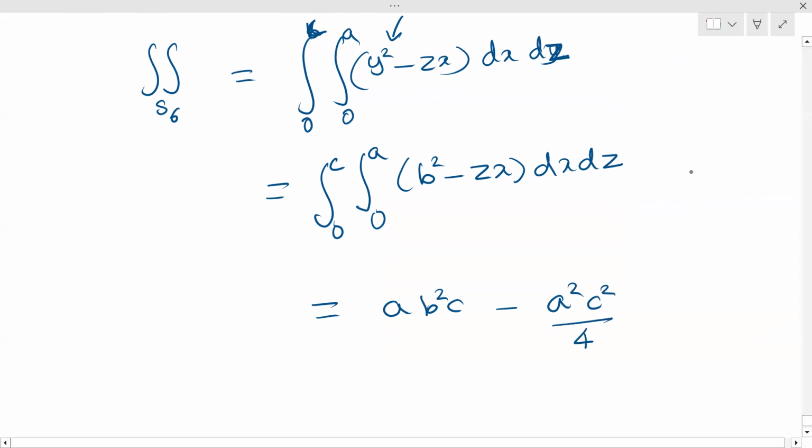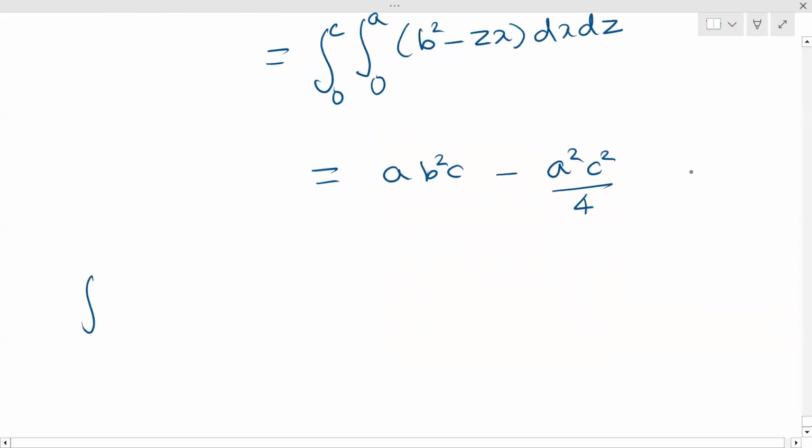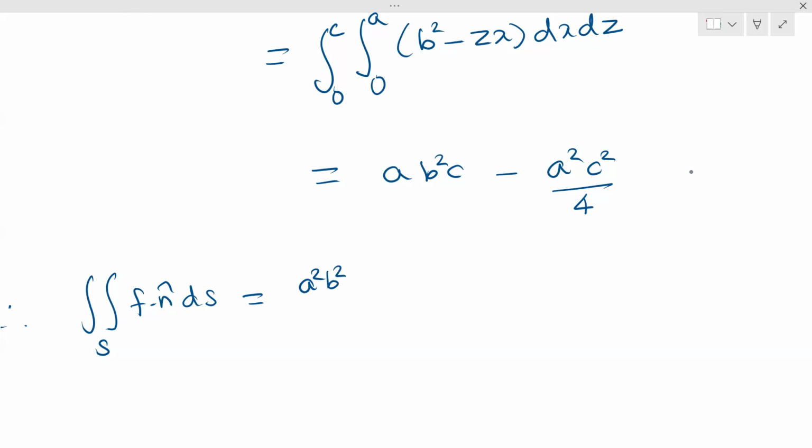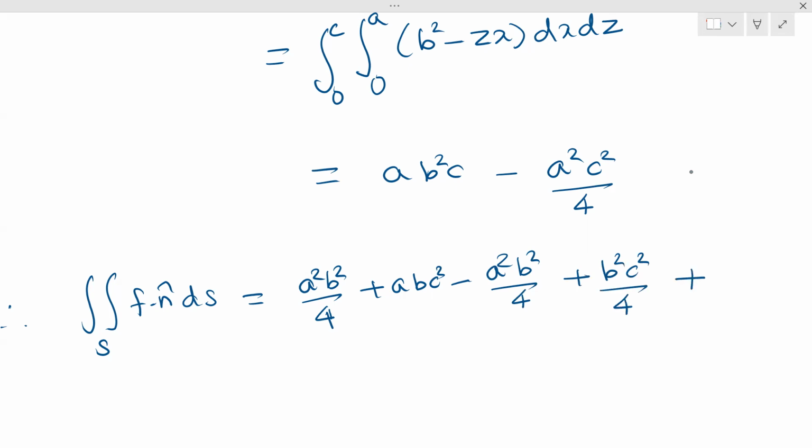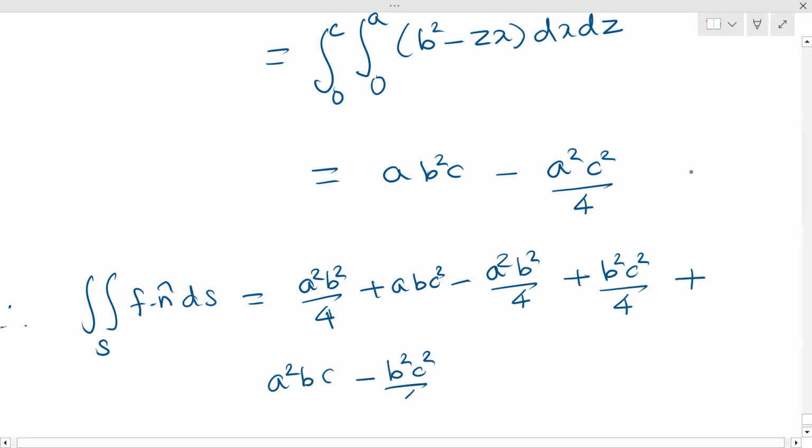See, lastly, we have to add all the integrals. Therefore, the integral of F dot n cap ds. What is the first integral? Value a square b square by 4. Second integral a b c square minus a square b square by 4. Third integral b square c square upon 4. Fourth integral a square bc minus b square c square upon 4.